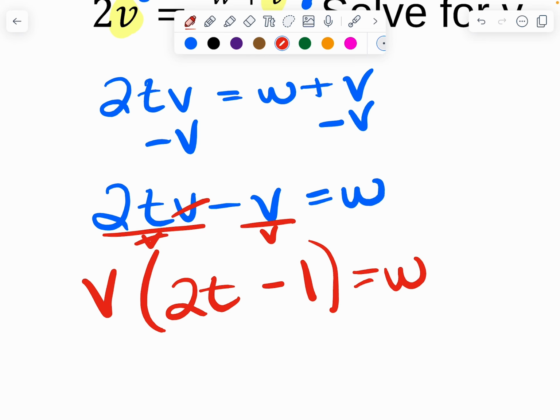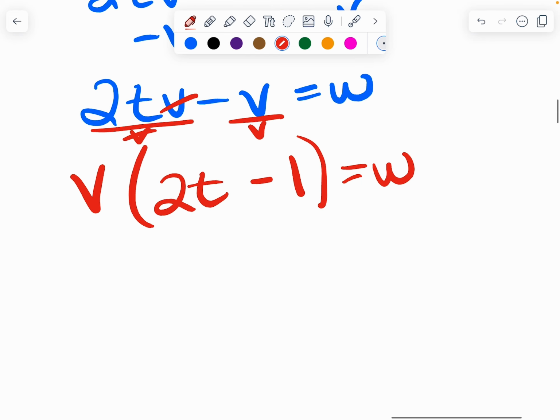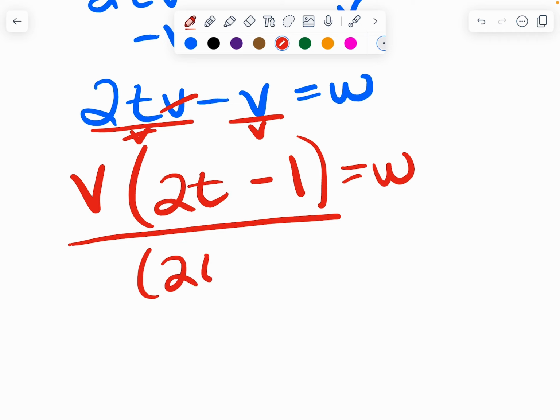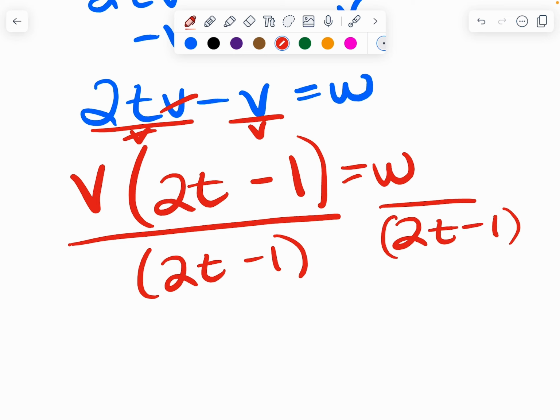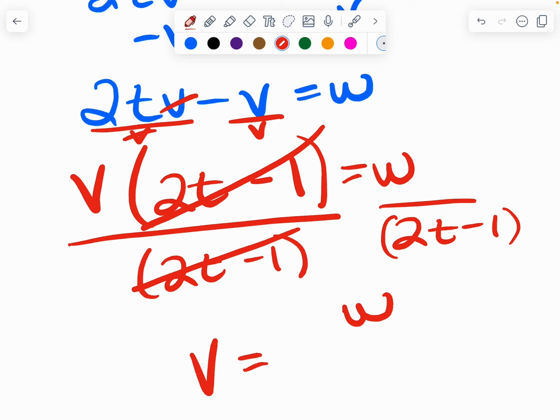That gets me w. Again, I want the v by itself. So I'm going to divide both sides by 2t minus 1, 2t minus 1. So this cancels with this. I get v equals w over 2t minus 1.